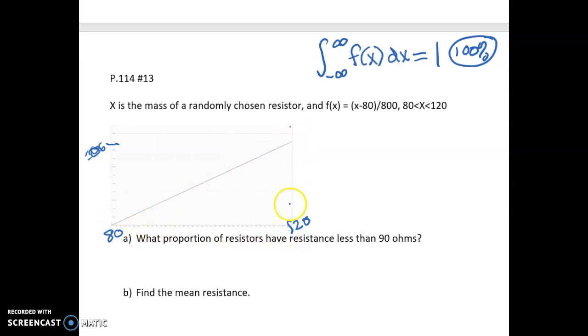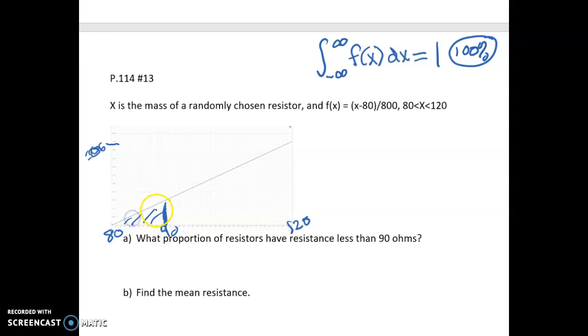So that's going to give us the right area. What we want to know in part A is what proportion of resistors have a resistance less than 90? Somewhere in here is 90, probably about here, and we want to know what this area is.